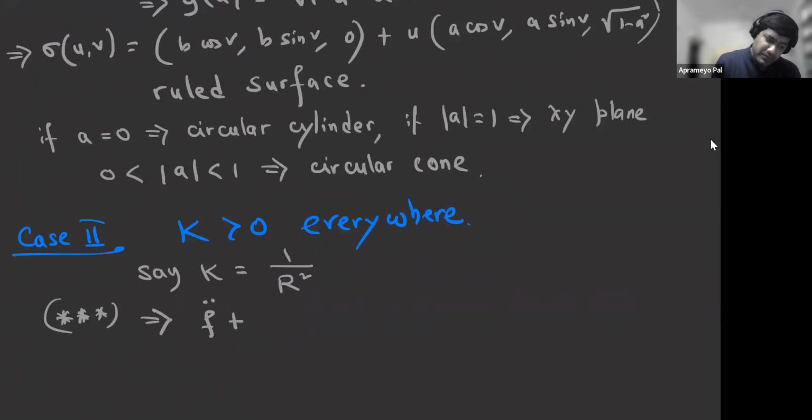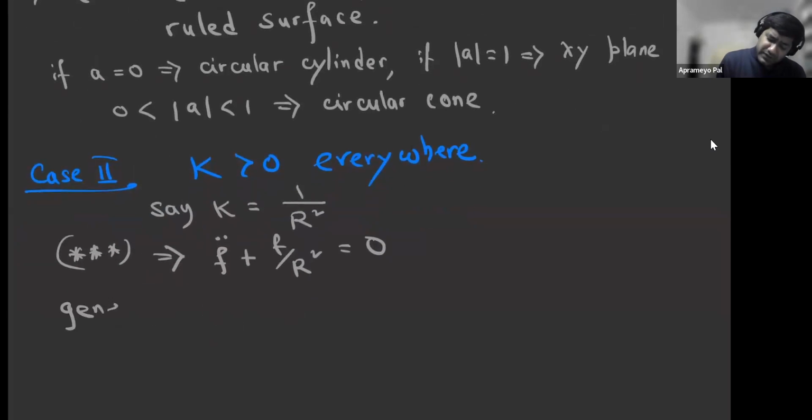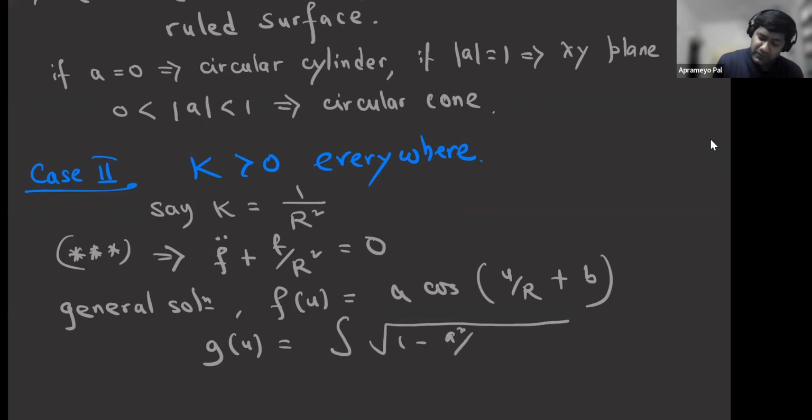f double prime plus f over r squared equals 0. You can solve this, and the general solution is given by f(u) equals a cos(u/r) plus b. Accordingly, you can also solve for g, which is an integration of a complicated thing, the square root of 1 minus a squared over r squared sin squared(u/r) du.